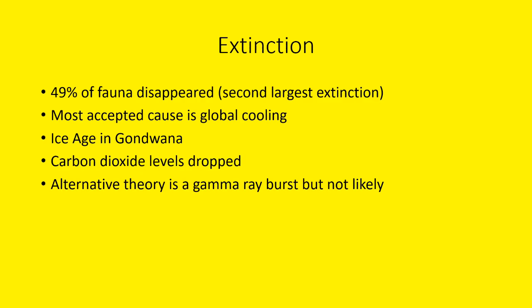And so there would have been an ice age that was developing in Gondwana. And so what happened is that you have a glaciation period that was happening for at least over 1 million years. And so this global cooling was starting to happen in this glaciation in Gondwana. And so how you get glaciers, you have a rise in oxygen and lowering of CO2 or carbon dioxide.